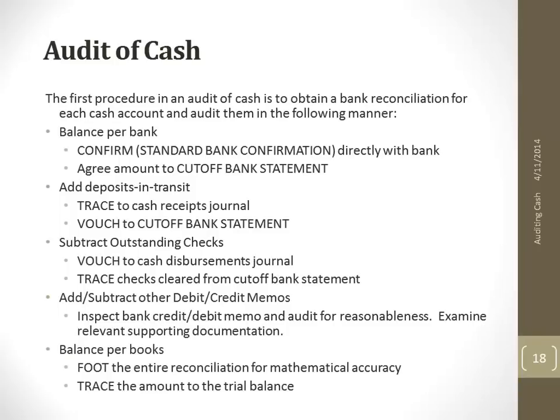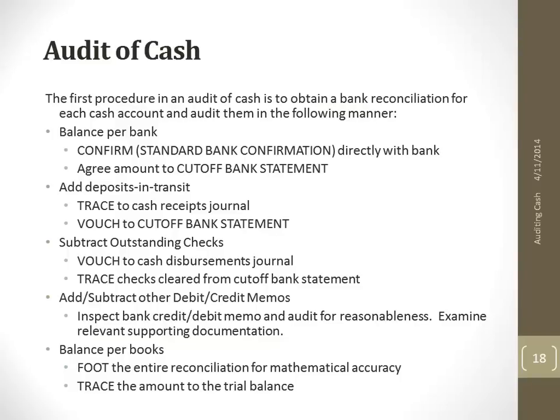Some common audit procedures an auditor is going to perform with respect to cash: they're going to get the bank reconciliation. They're going to compare the bank balance to what's recorded on the confirmation and what's recorded in the company's books and records. The confirmation is just like a receivable confirmation, except that you're confirming directly with the bank.